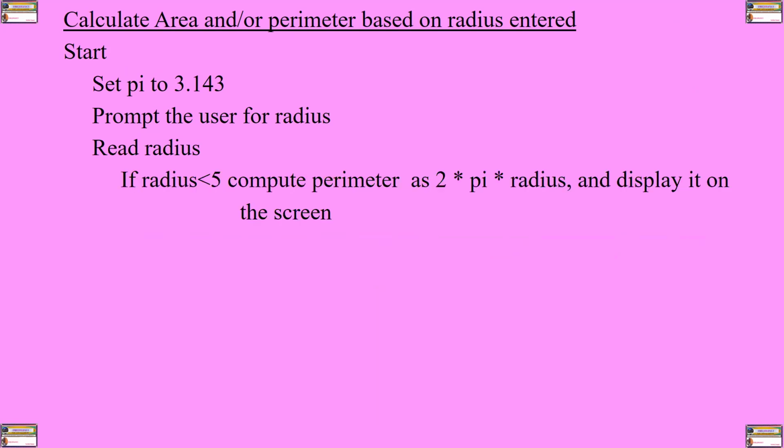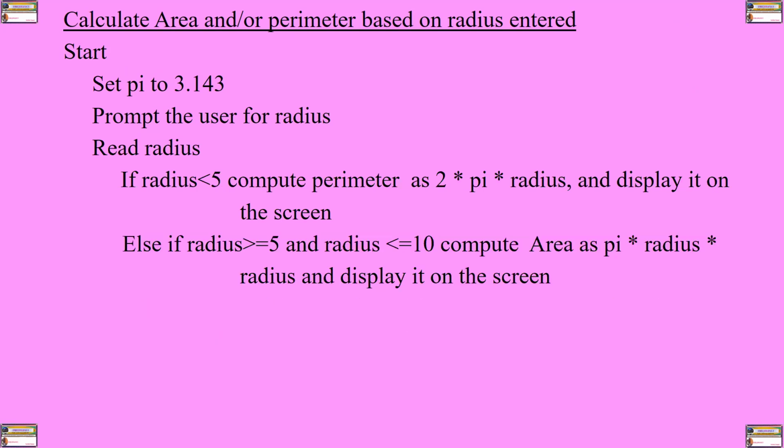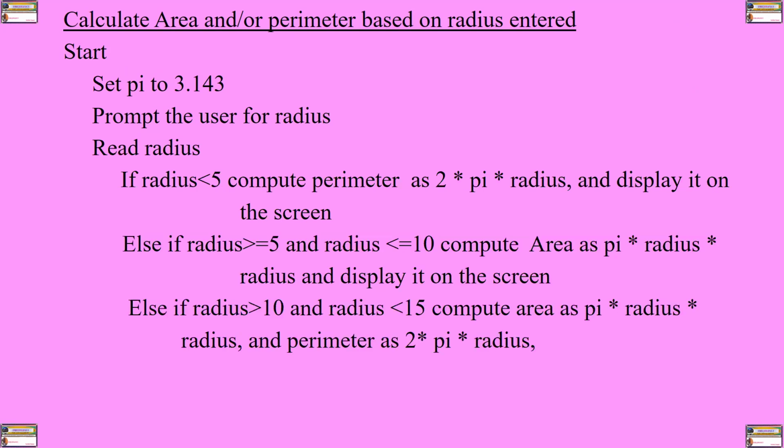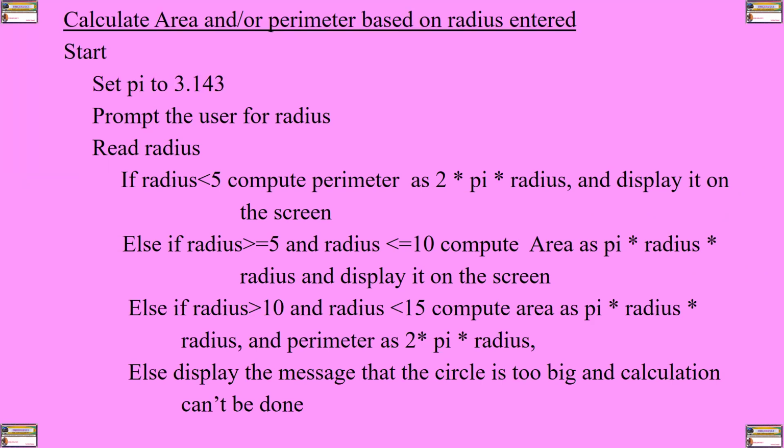Otherwise, if the first condition is not true and the second condition is not met, check the third condition, whereby if the value of radius, the value entered, is more than 10 but less than 15, the program or the processor will compute the area using the formula pi times radius and also compute the perimeter using the formula 2 times pi times radius and display it on the screen.